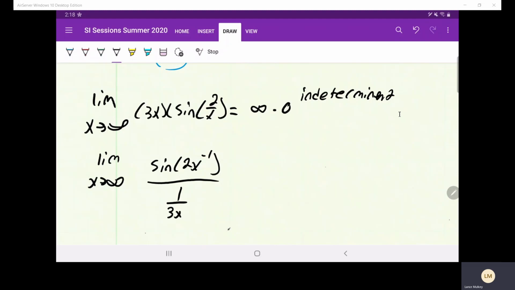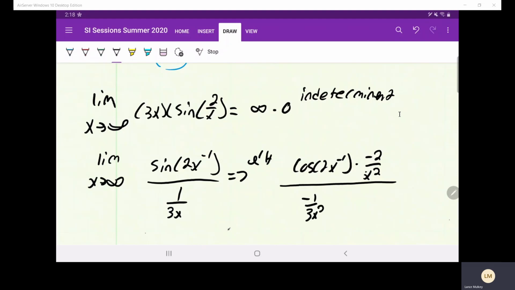Now we can do L'Hopital. So we get cosine of 2 over x times negative 2 over x squared over negative 1 over 3x squared.